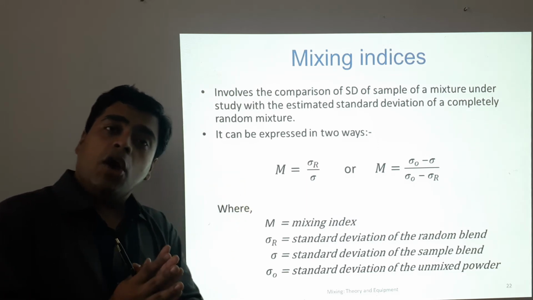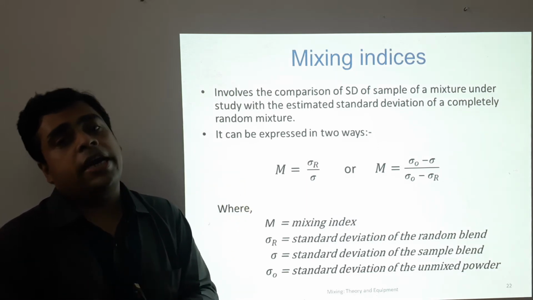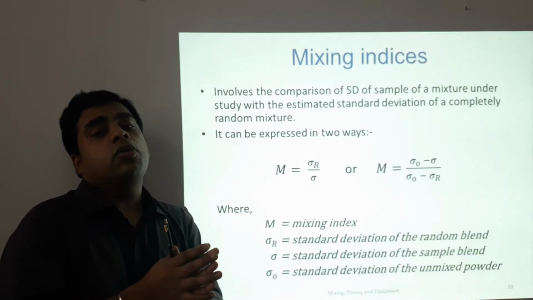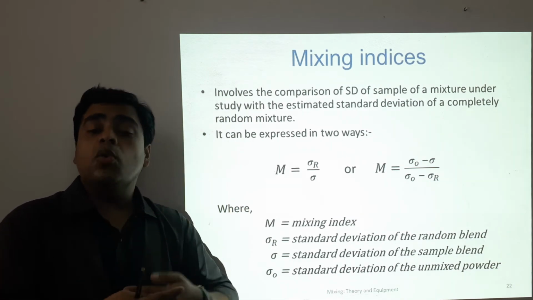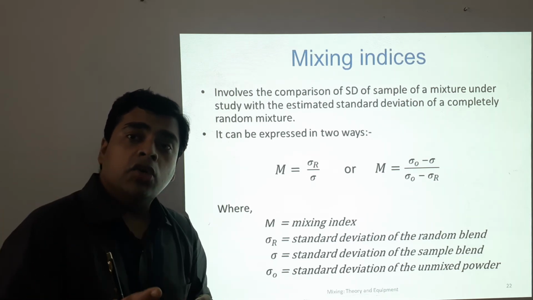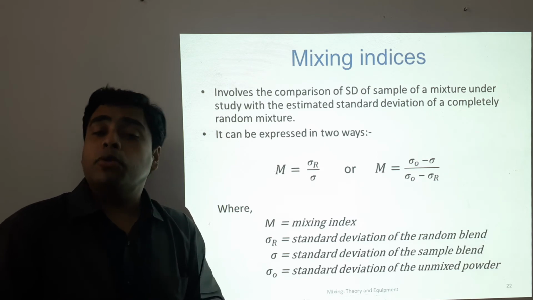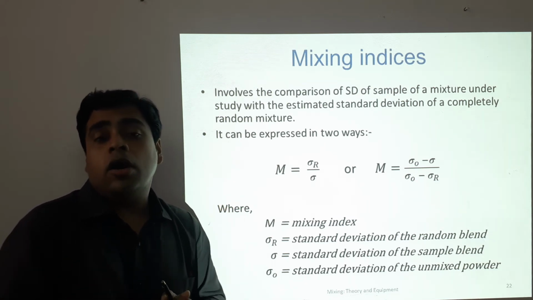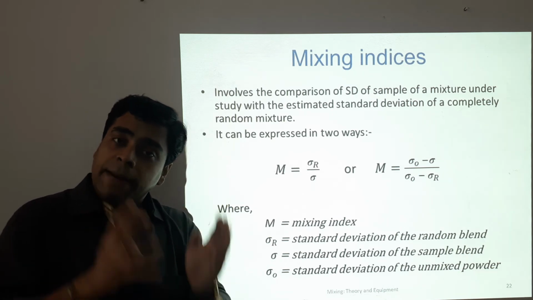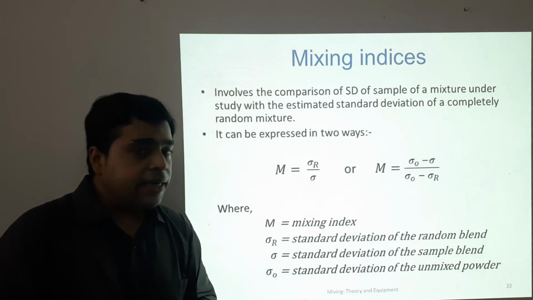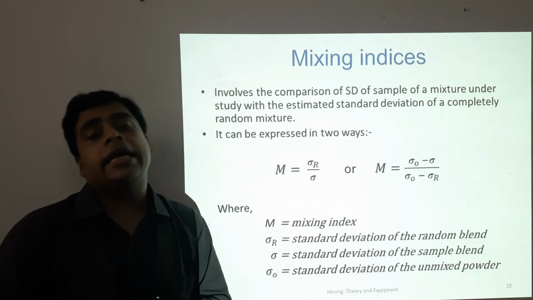When we are mixing solids or semi-solids or liquids or whatever our content is, after the process is over, time to time the quality control and the quality assurance department assesses whether the mixing has been occurring properly. For that purpose we sample out things. Sometimes we do it mathematically, sometimes we also do random sampling.